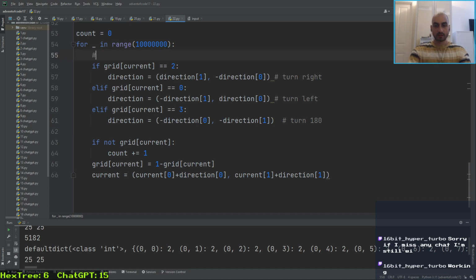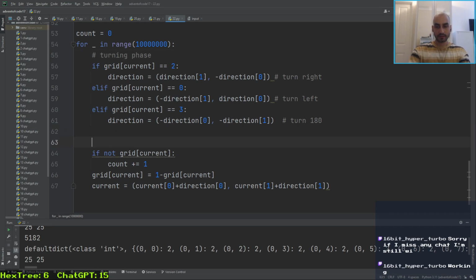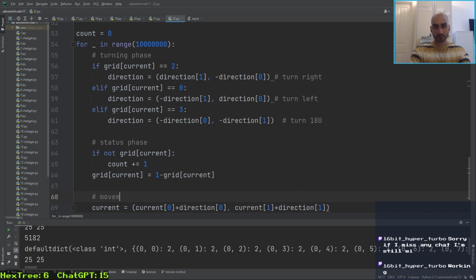Okay, so this is the turning phase. And now the status phase. And then we've got the movement phase. Right, so the status phase, or let's call it the infection phase.